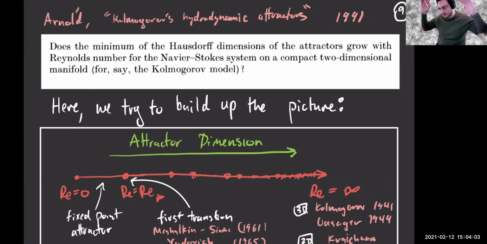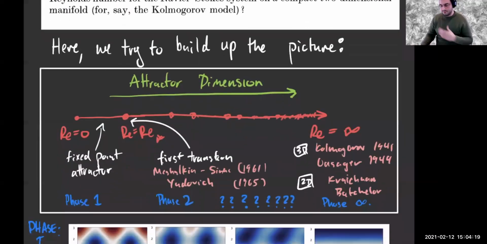So if you think about minimal attractors, which are ones that contain no smaller attractor, Kolmogorov asked the question, does the minimal Hausdorff dimension of such things grow as Reynolds number is increased? Okay, so the picture we're trying to build up is this one. You have at 0 Reynolds number and small Reynolds number, some unique fixed point attractor.